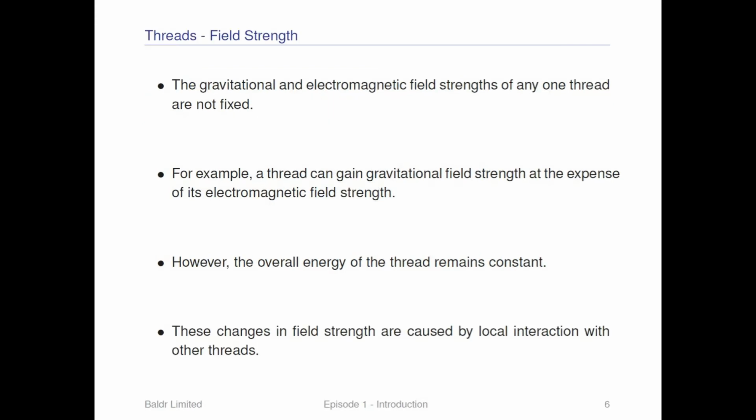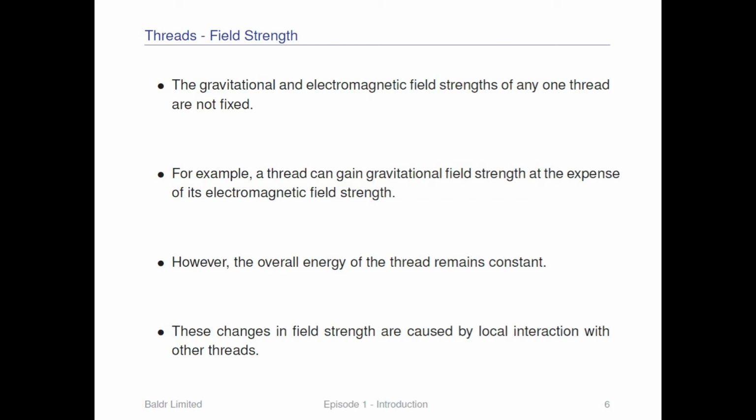Now, if we just deal with the fields for a minute, the electromagnetic and the gravitational, then one of the features of these threads is that the gravitational and electromagnetic field strengths are not fixed for any one particular thread. Thus, we can have a thread at one point that is all electromagnetic and has no gravitational field, and then at another point in time it could have all gravitational and no electromagnetic.